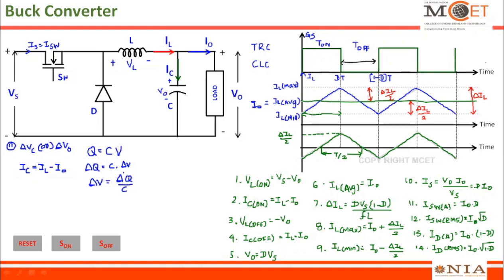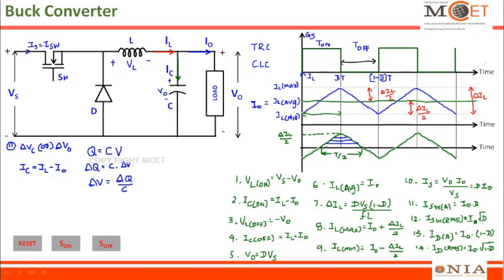This is the charge which is stored in the capacitor, which can be calculated only when the current is positive. The capacitor will charge only when the current is positive.